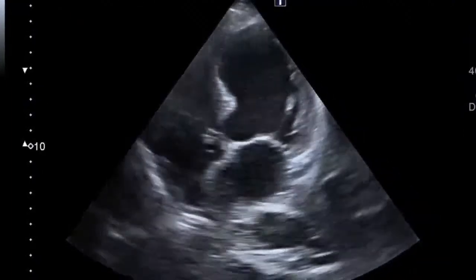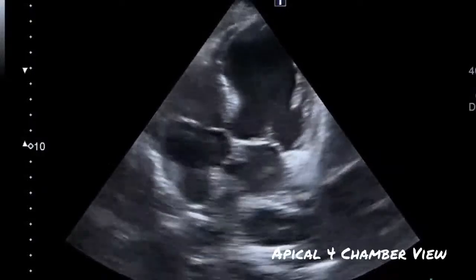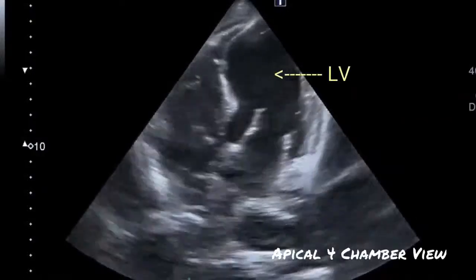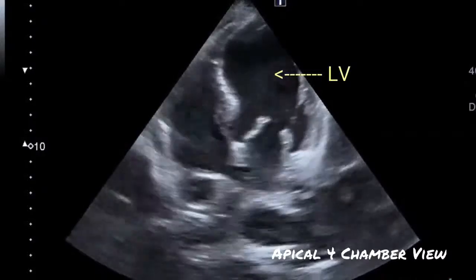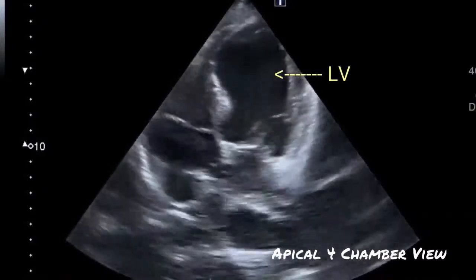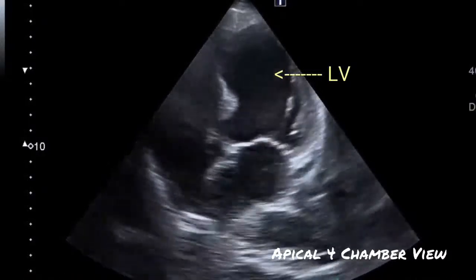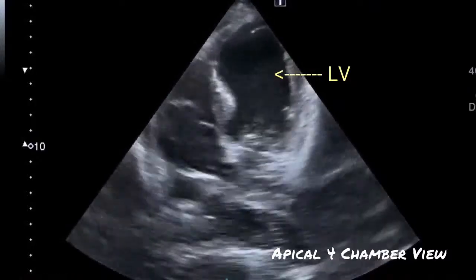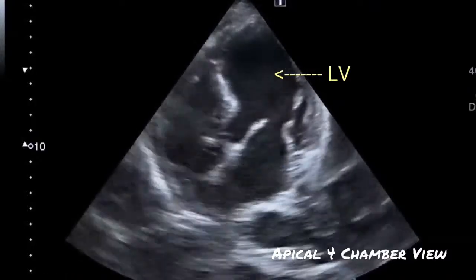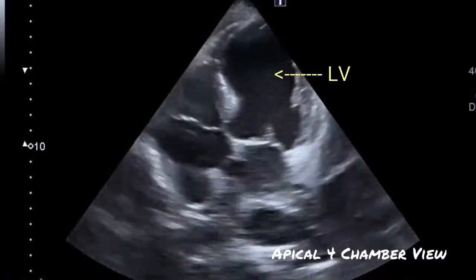Now we are in the apical four-chamber view. Here also we can clearly see a very small percentage change in chamber size from the diastole to systole, and there is very little movement of the ventricular wall during the systole period, and the chamber is almost dilated. That is a sign of poor contractility of the heart.